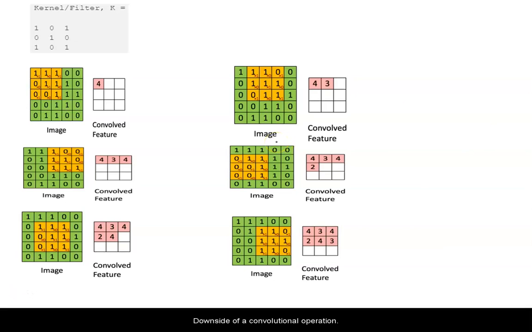Another downside of a convolutional operation is that the pixels at the corners or at the edge of an image are used only in one of the outputs, whereas if you take a pixel in the middle, there are a lot of 3 by 3 regions that overlap that pixel.